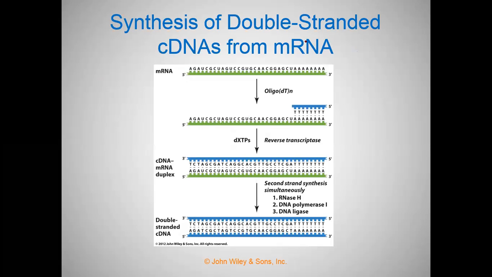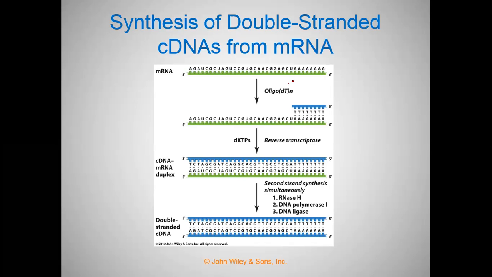Synthesis of the double-stranded cDNA from the mRNA. The second procedure is the cDNA libraries. For making the cDNA, we need the RNA molecules. We isolate the mRNA and synthesize the DNA against that particular molecule. For this purpose, a complementary strand is required to be generated. For example, this is the messenger RNA.